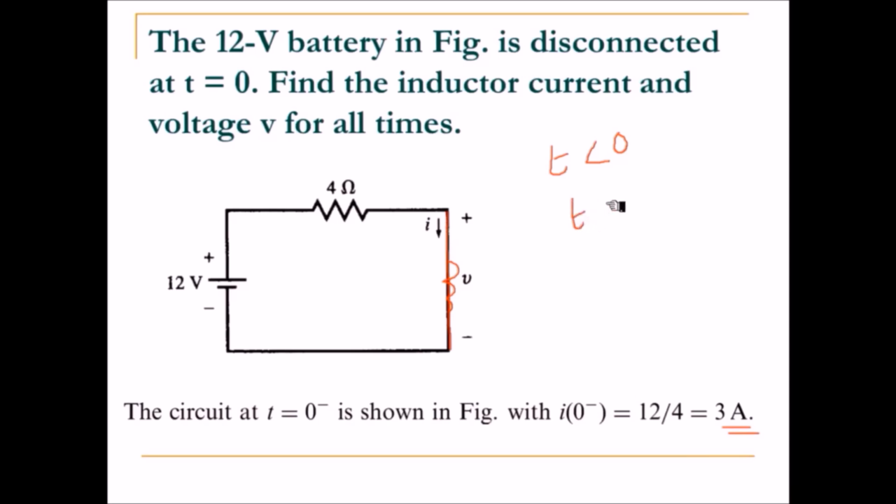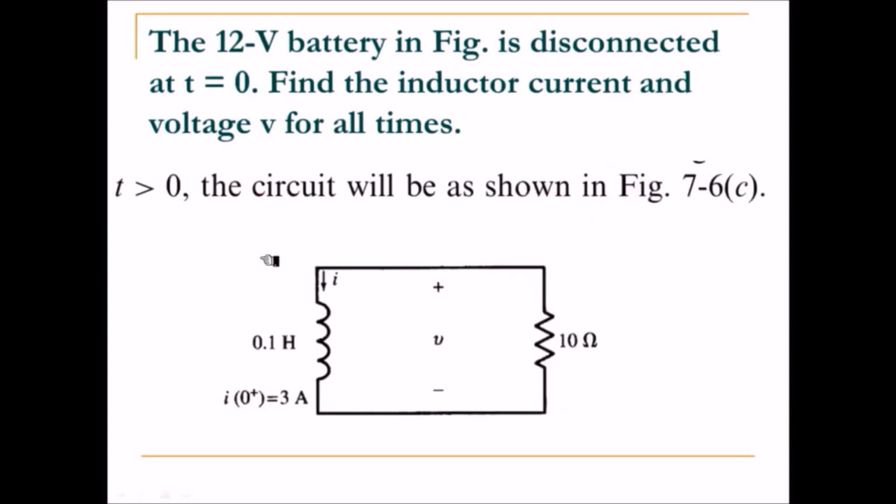When t is equal to 0, what is happening? You are opening the switch. If you open the switch, the inductor current will not change immediately. So you will have the same current, 3 ampere, flowing through the inductor at the time of the switching operation. Just after the switch is open circuited, the current flowing through the inductor is still 3 ampere.